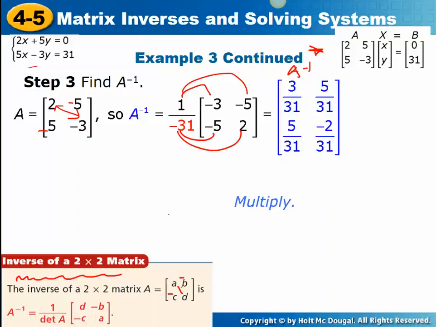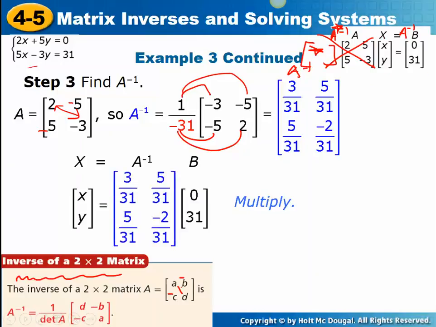Okay, so now we have to remember to solve this system up here, we multiply both sides by A to the negative 1. Because then these will cancel, and I'll be left with your variable matrix is equal to, and you'll have your answer. All right, so we need to multiply A to the negative 1, which is right here.